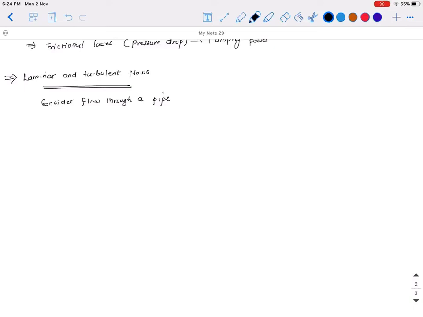There can be three different flow types we can encounter, based on the velocity.